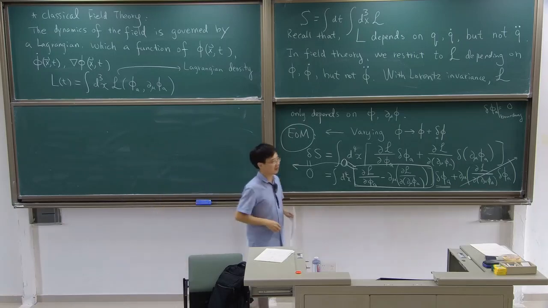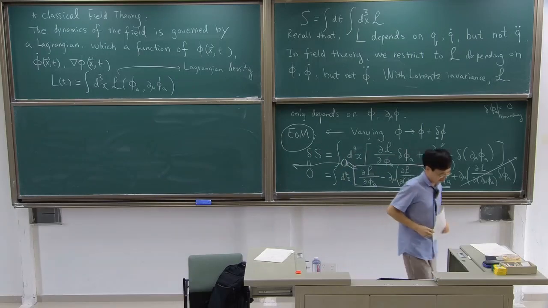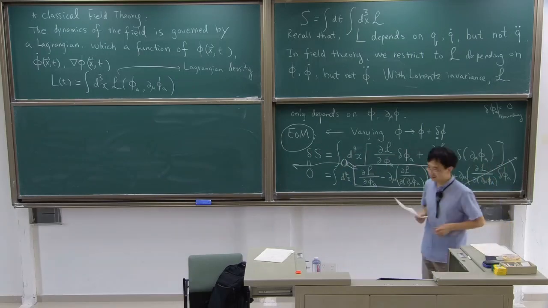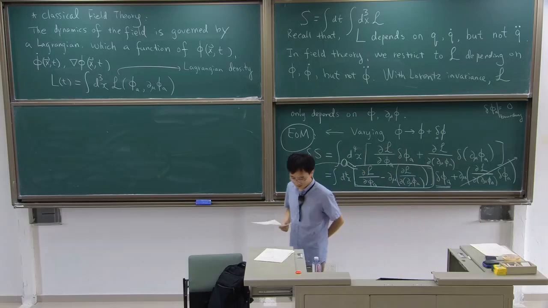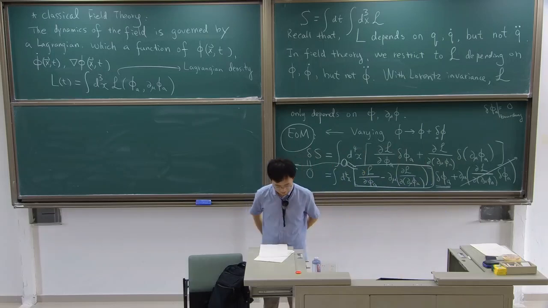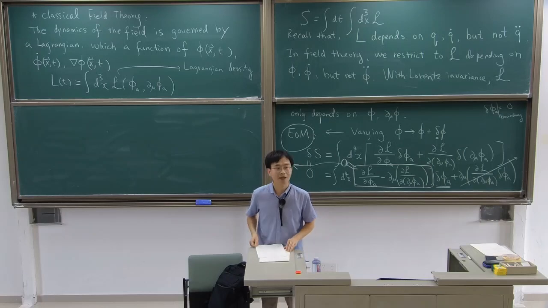Now, you may not like the Lagrangian description, or action language. You might say, I have many different languages in my classical mechanics course, so what are the other descriptions? How many languages did you learn in your classical mechanics?